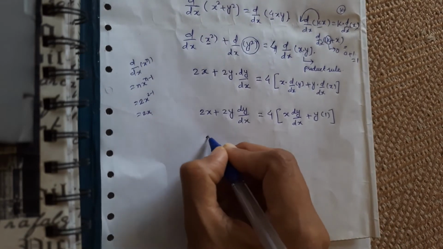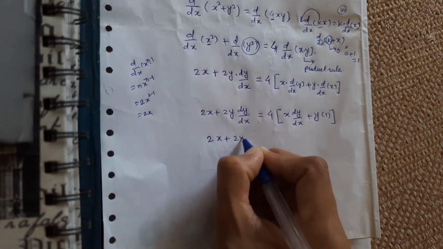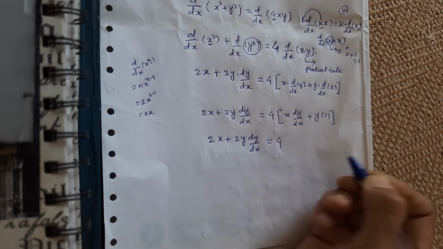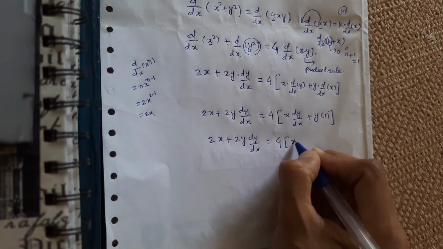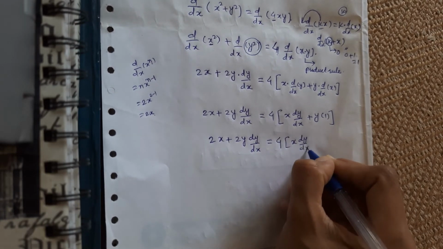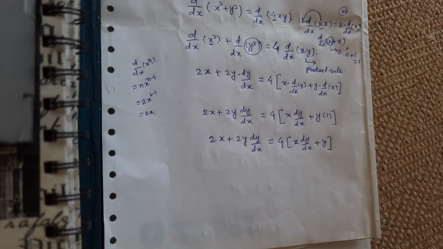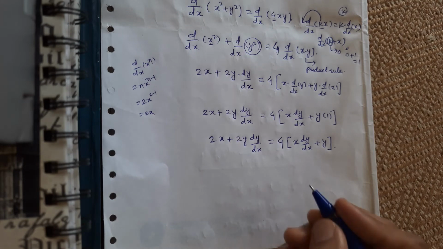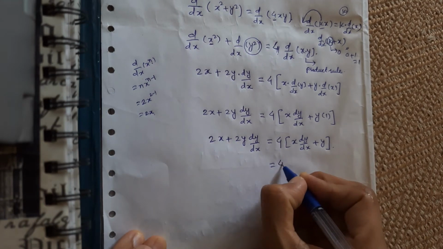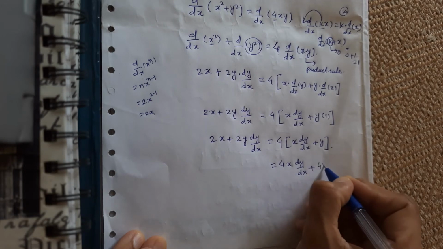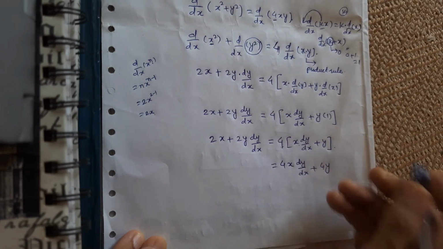So simply what I get, 2x plus 2y dy by dx equal to 4 into x dy by dx plus y. Okay, now just open this bracket, I get 4x dy by dx plus 4y. I am just multiplying this 4 with both terms.